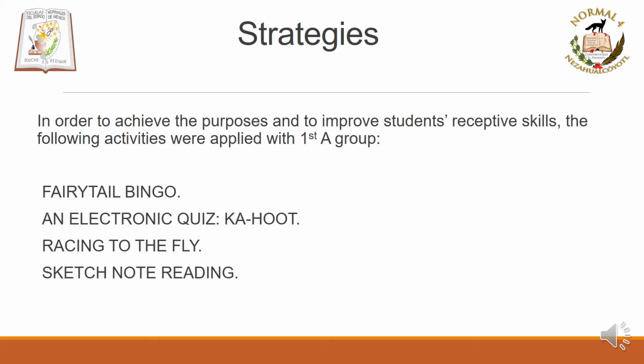The strategies, most important. In order to improve my students' learning, I worked with 4 strategies, which are Fairy Tale Bingo, an electronic quiz Kahoot, Racing to the Fly, and sketch note reading. The Fairy Tale Bingo is visual material, as I have told you. I presented them with a bingo of the topic of fairy tales, with all the characters that we checked in the classes, and we were playing with it.